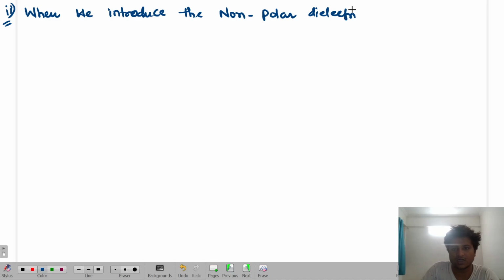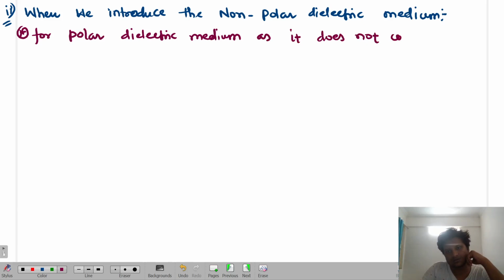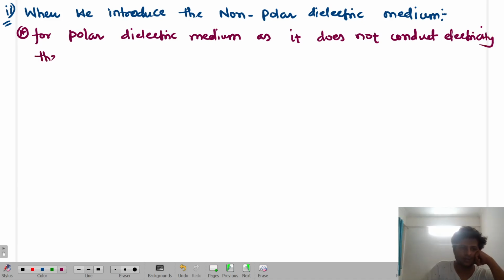So if someone asks you what happens for a polar dielectric medium, note it down as a quick learner: for a polar dielectric medium, as it does not conduct electricity, the capacitance does not change.